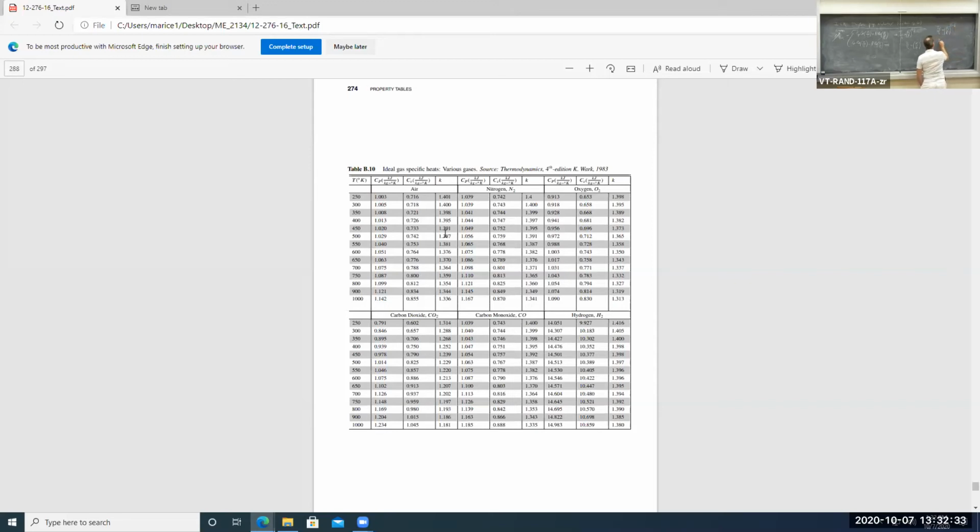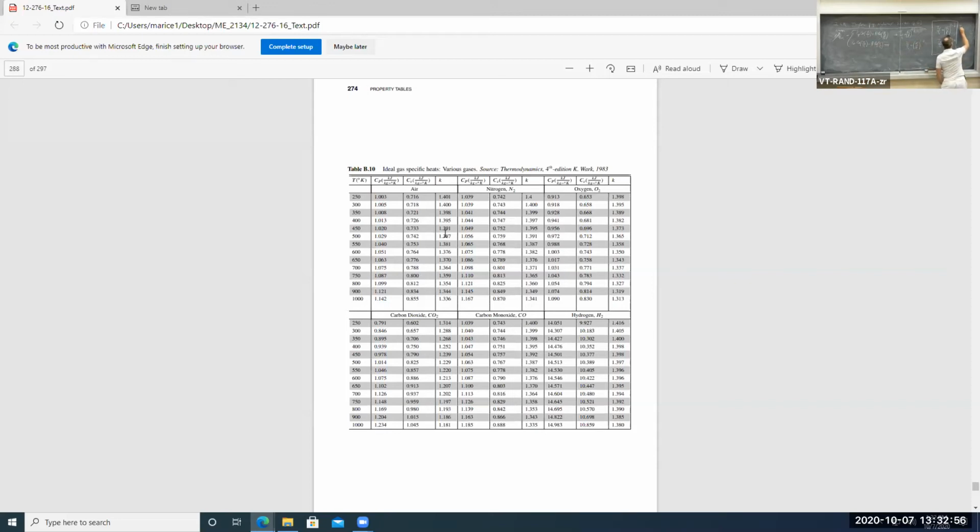And then I have T2 over T1 is equal to specific volume at state 2 over specific volume at state 1, to the 1 minus K. So these are the isentropic property relationships valid for IGB, constant specific heats, and constant entropy.